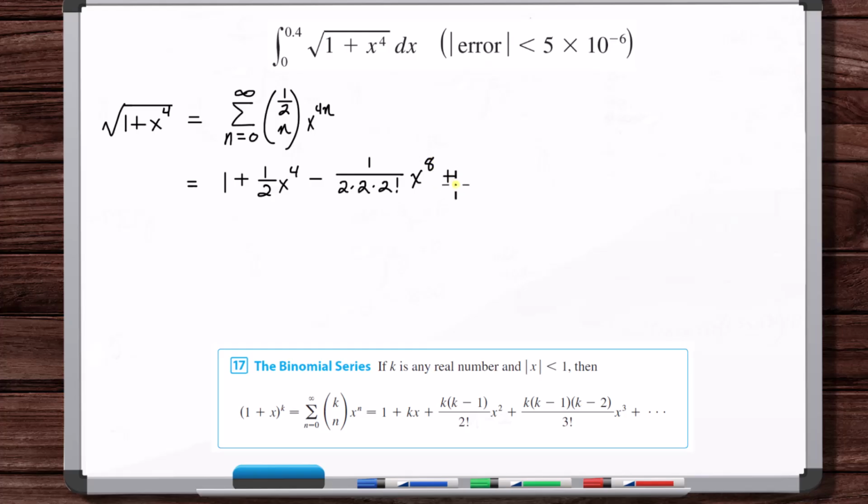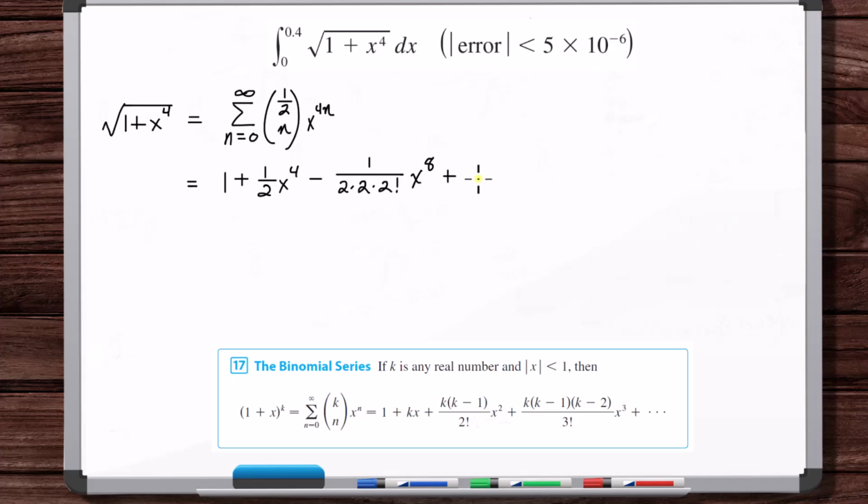Okay, then plus, what is 1/2 minus 3? Would it be 1/2 minus 2? Yeah, 1/2 minus 2, because we're here now. So 1/2 minus 4 over 2, that's minus 3/2. But you have minus 3/2 times minus 1/2, that's positive.